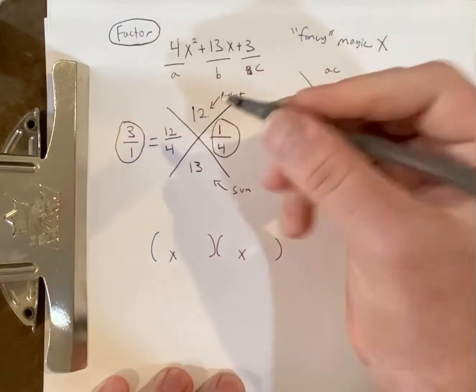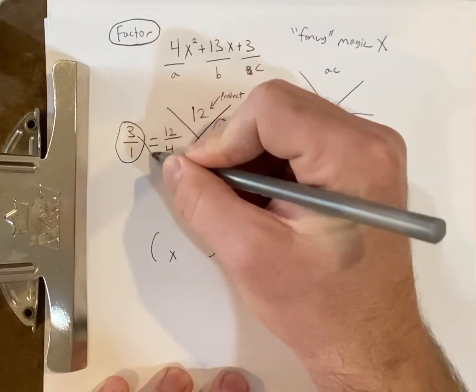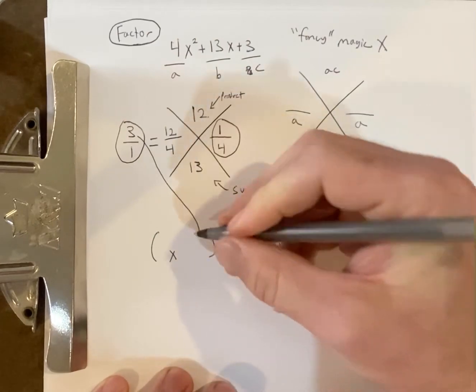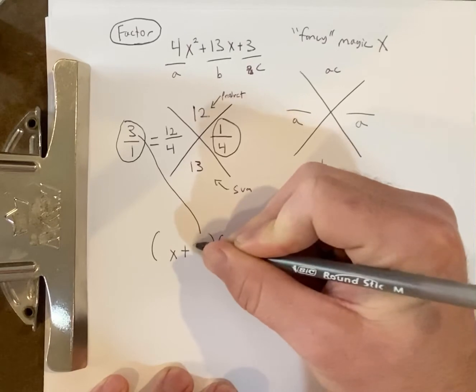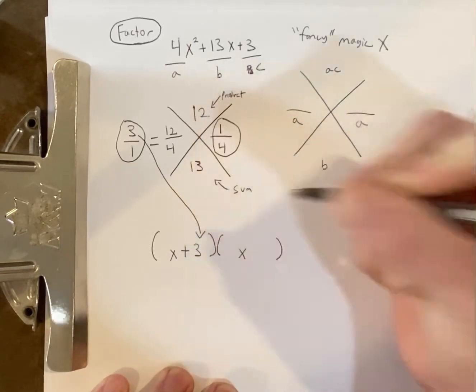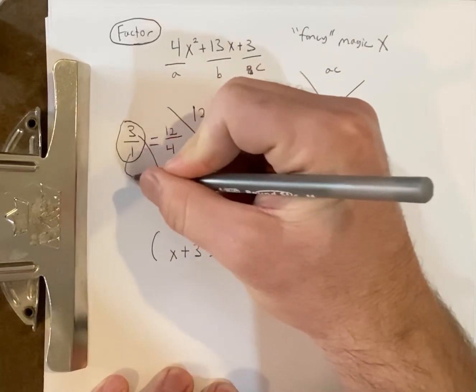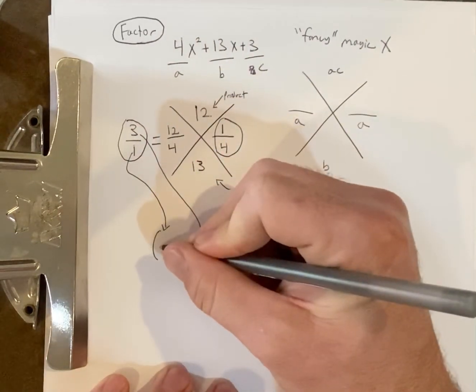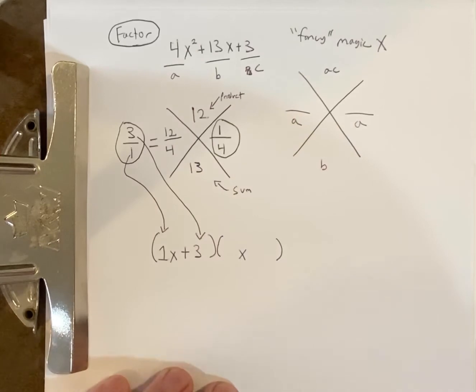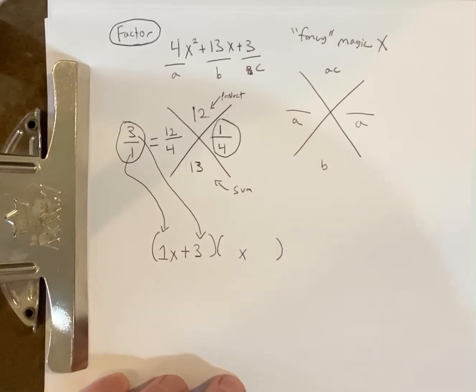The top number is the second term. So here, this is going to be plus 3. The bottom number is the coefficient of the first term. So this is going to become 1x plus 3.